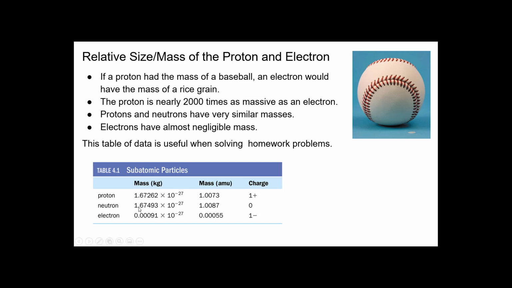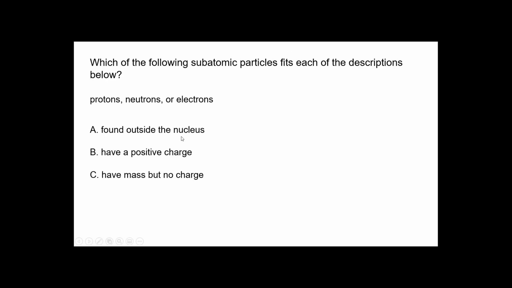It's very negligible compared to the mass of a proton and a neutron. So we consider this mass as 1.0073, 1.0087, and we use atomic mass units. We'll cover that later. Protons and neutrons have very similar masses. Electrons have almost negligible mass, which is why we don't consider them at all when we look at the mass of an element.